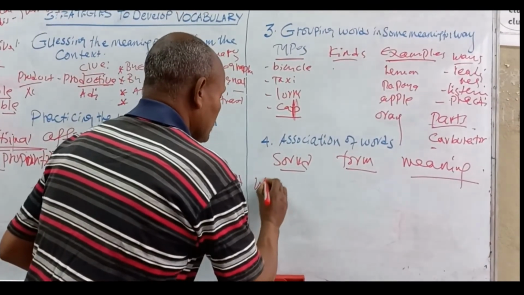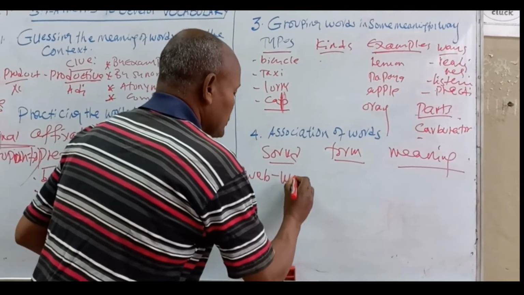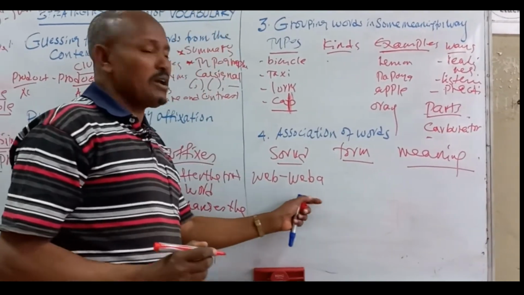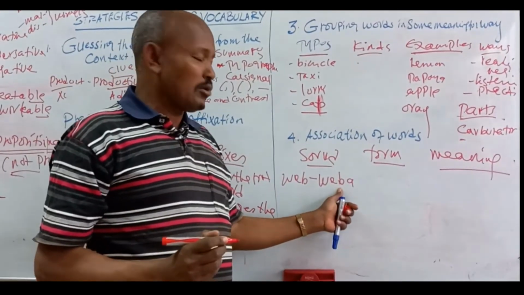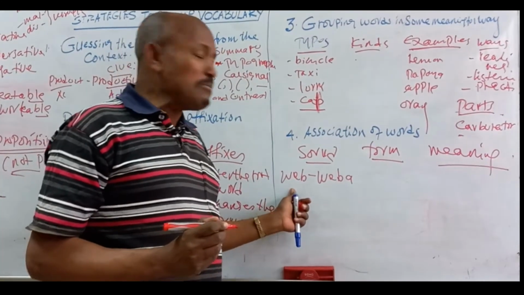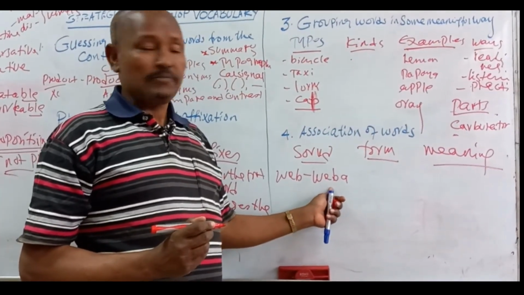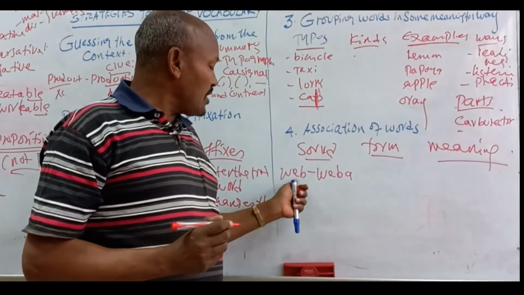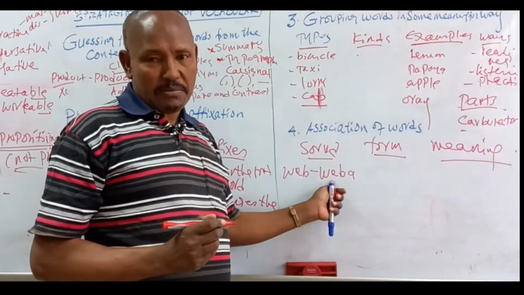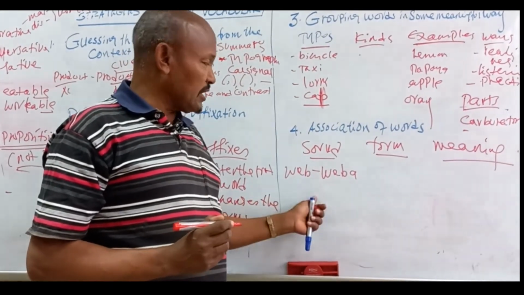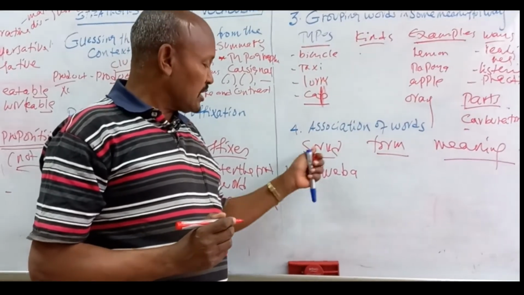One is sound association. So web is associated with the sound Weber. I can associate this web with the sound Weber. These are examples of sound association.